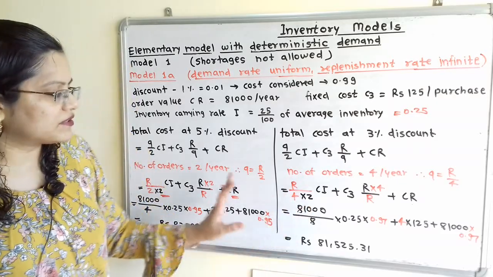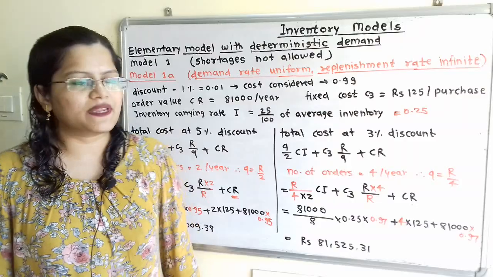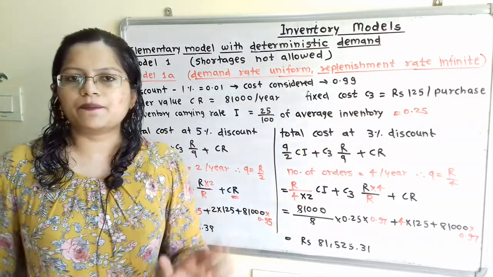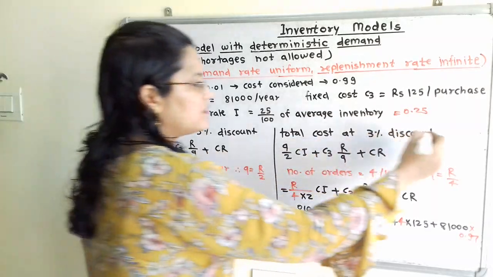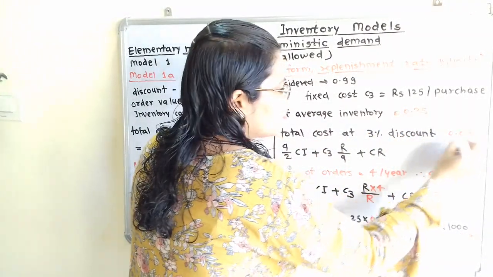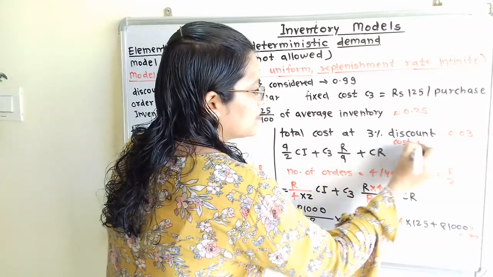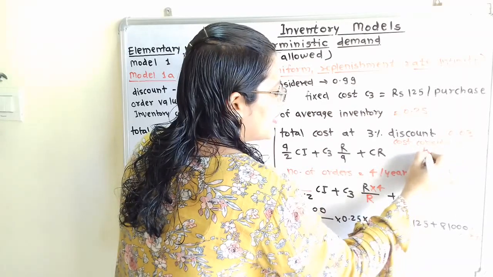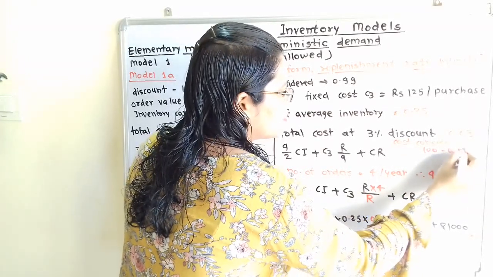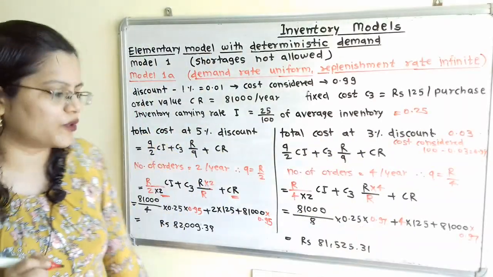Now if we observe, the discount is applicable for the first part, and the discount given is 3%, that is 3 divided by 100, that is 0.03. So the total cost considered is equal to 100 minus 0.03, that is 0.97. So we have to multiply with 0.97.